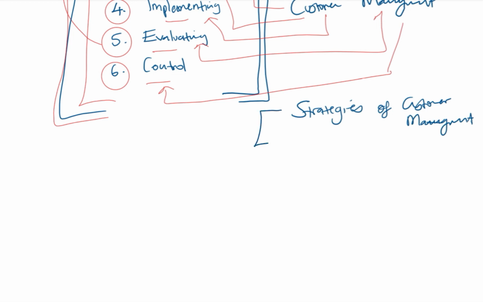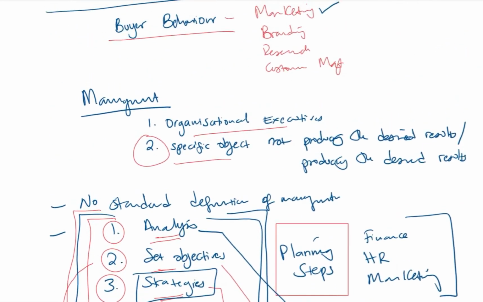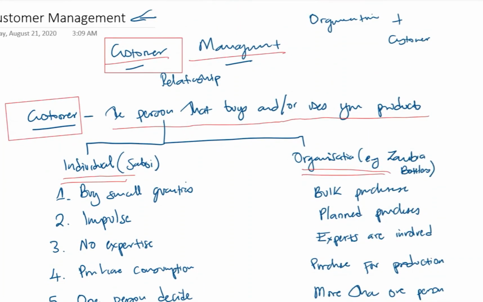Examples of strategies include key account management, and another example of a strategy is customer service. As we proceed in our studies, these are some of the key strategies that we're going to look at. There are more than two, but they are very important in maintaining that relationship with the customer. After all, the name of the subject is customer management.